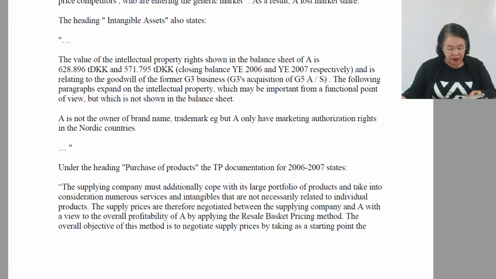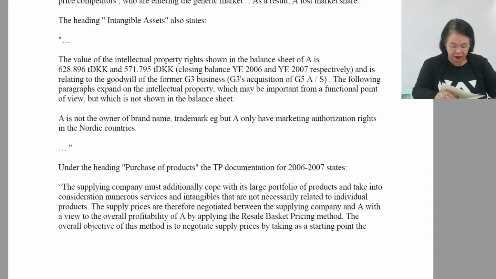Okay, so closing balance year-end 2006 and year-end 2007 respectively, and is relating to the goodwill of the former G3 business. So G3's acquisition of G5AS, the following paragraphs expand on the intellectual property, which may be important from a functional point of view, but which is not shown in the balance sheet.